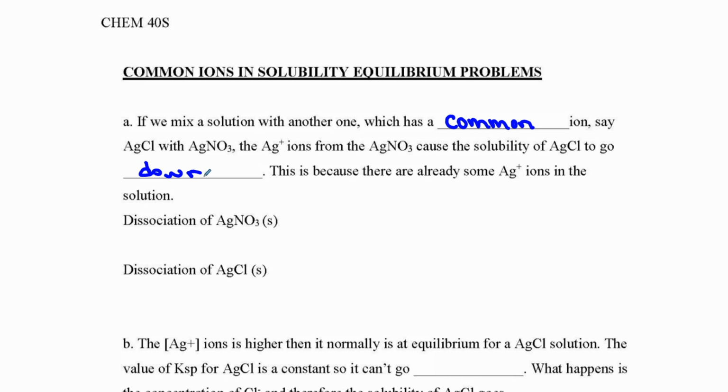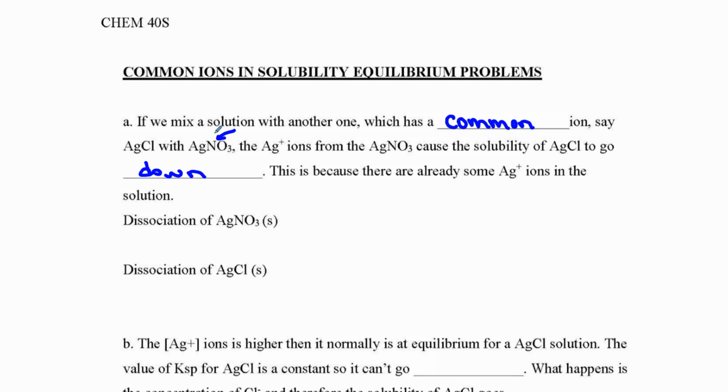Okay, so an important thing to note about these two solutions, silver chloride and silver nitrate, is that their solubilities are very different. Anytime you come across a problem with a common ion, one of your compounds is highly soluble.